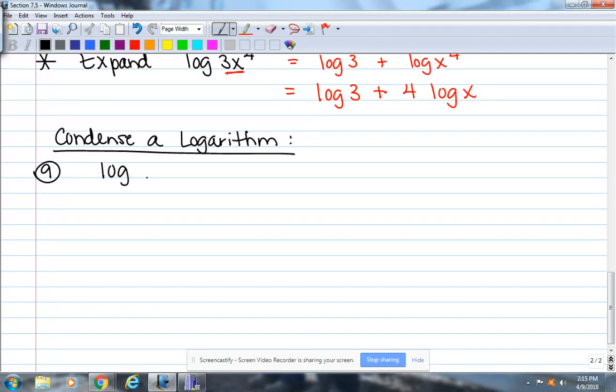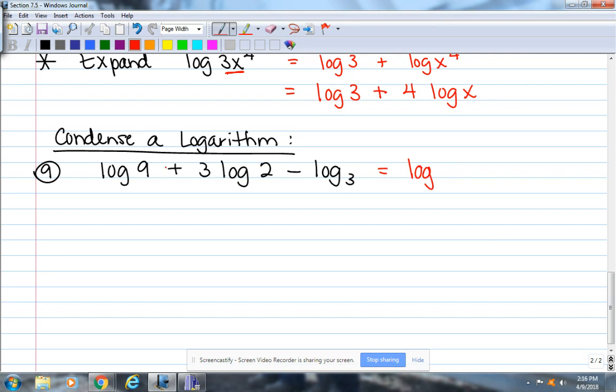If it doesn't have a base given, what is the base? 10. We're making this written as one single log instead of a bunch of different logs. So it's going to be log base 10 of something.